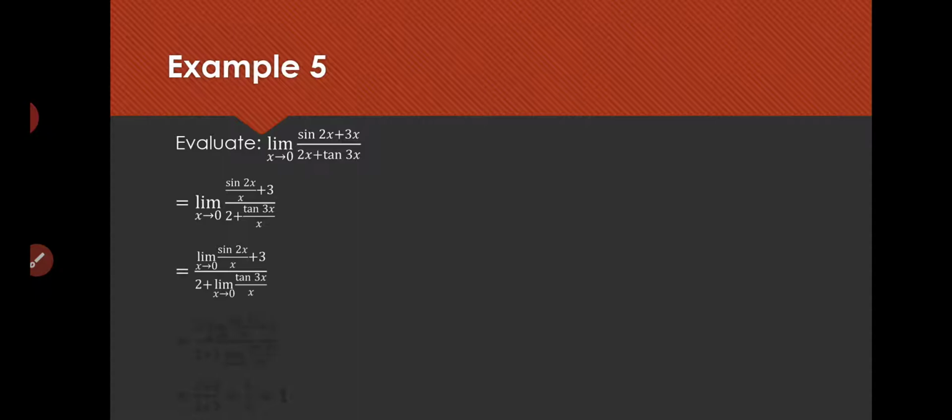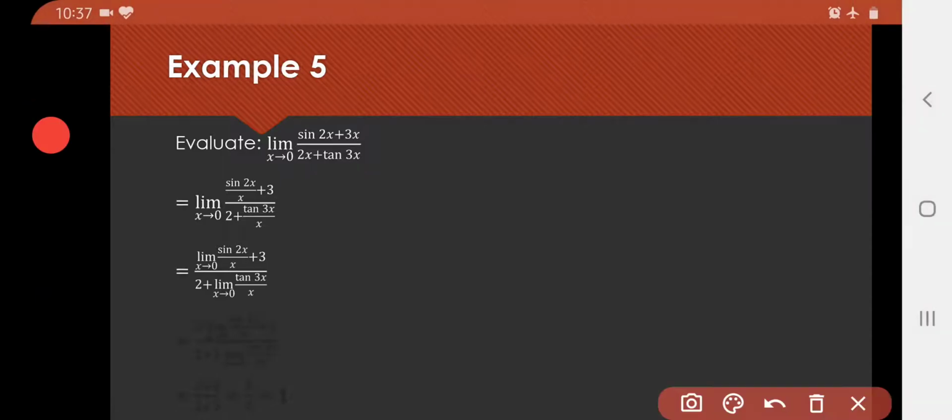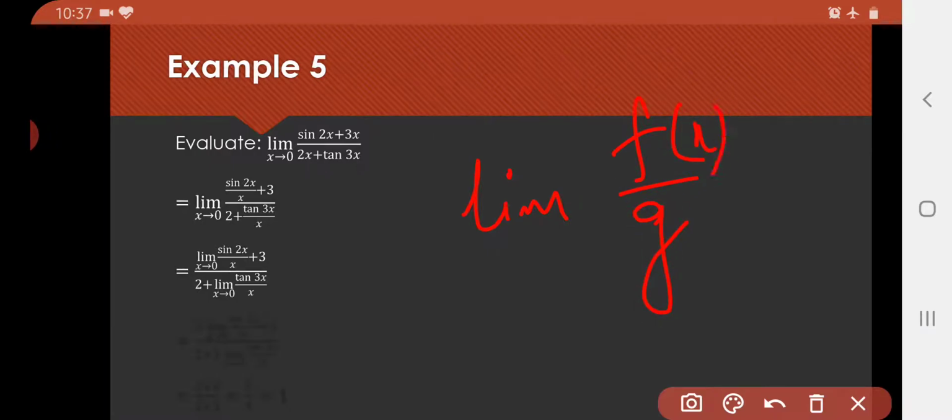The thing was given, limit of f by g, that is f(x) by g(x), and instead I am writing limit of f(x) by limit of g(x). So that I can do, given that both the limits exist and the limit in the denominator is not 0.